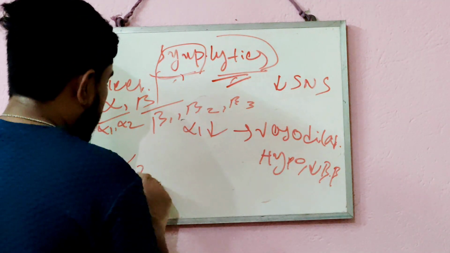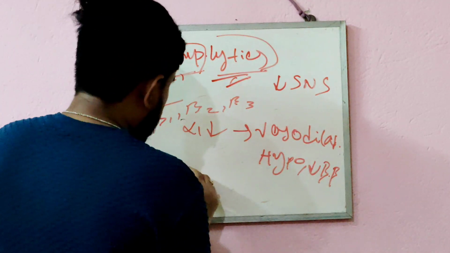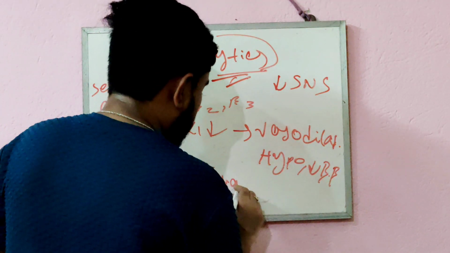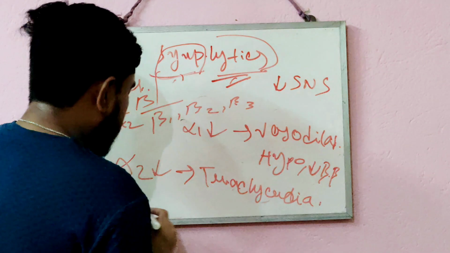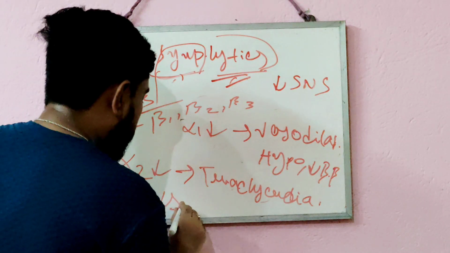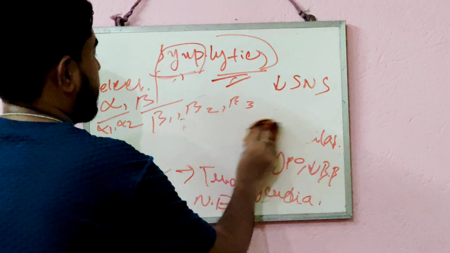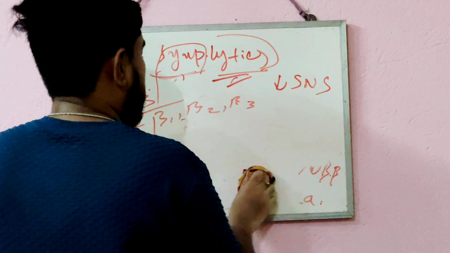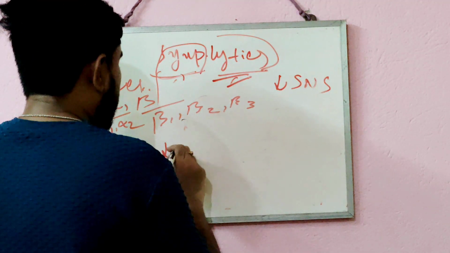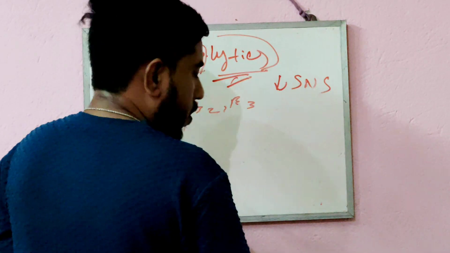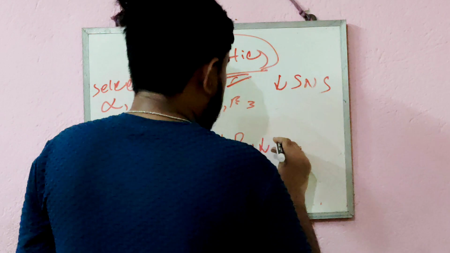In terms of alpha 2 antagonists, the physiological action is tachycardia, and they also inhibit the release of noradrenaline or norepinephrine. In the case of beta 1 blockers, they will decrease the heart rate or decrease the cardiac output.